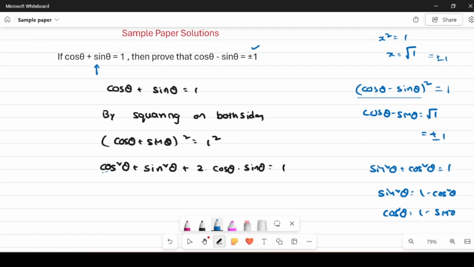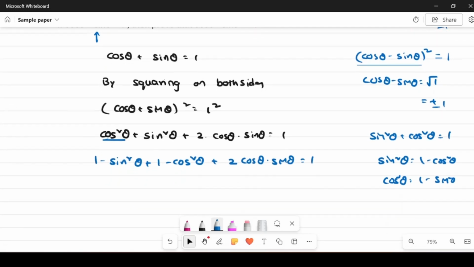So I am replacing this cos square theta with 1 minus sin square theta, plus sin square theta with 1 minus cos square theta, plus 2 cos theta into sin theta, as it is equal to 1. Now this 1 plus 1 is 2, 2 minus sin square theta minus cos square theta plus 2 cos theta into sin theta is equal to 1.